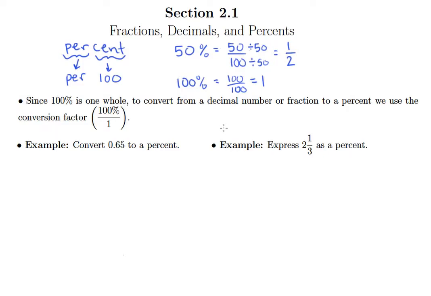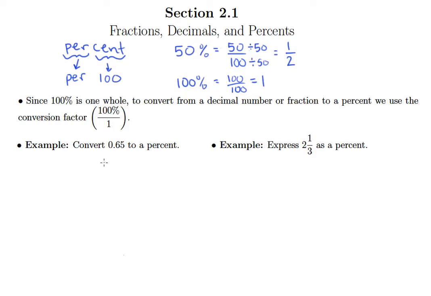But what I want to do in the examples below here is convert some numbers that are not written as percents into percents. One of the really important things that we can learn how to do is convert between percents and decimal numbers, fractions, mixed numbers, and so on, and then also the other way around.